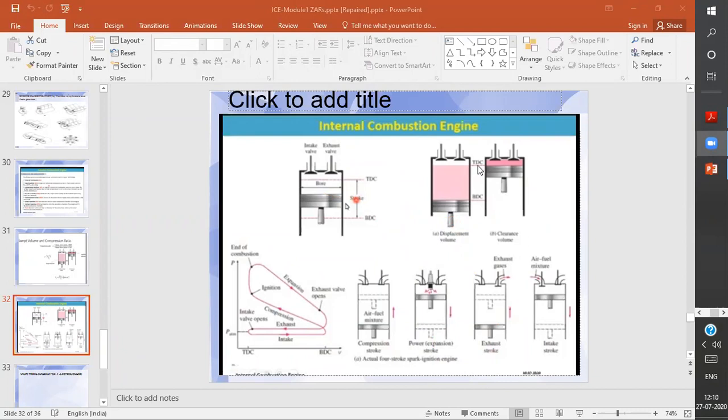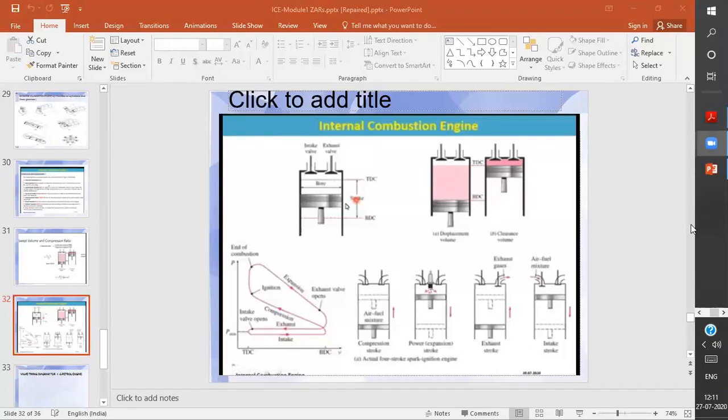Also I have explained why the piston cannot move above TDC and why the piston cannot move below BDC, because the arrangement is made in such a way, the connecting rod and length and the crankshaft are attached in such a way that the piston can move only from BDC to TDC or TDC to BDC, not beyond that. So let us move ahead now.